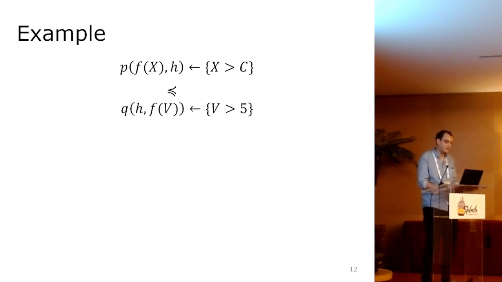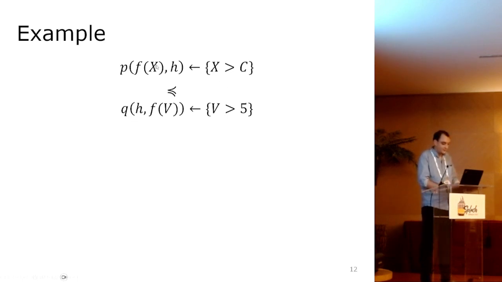As a simple example, the first clause here can be seen as a generalization of the second one, because although they have different names, this is not important here. It doesn't play a role in the definition. We can see a mapping from the first argument of P to the second argument of Q, and also from the second argument of P to the first argument of Q, such that we have a correspondence.